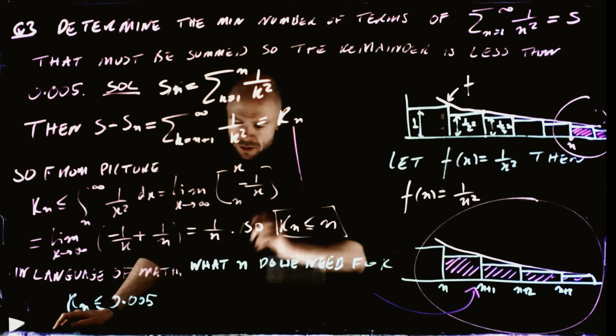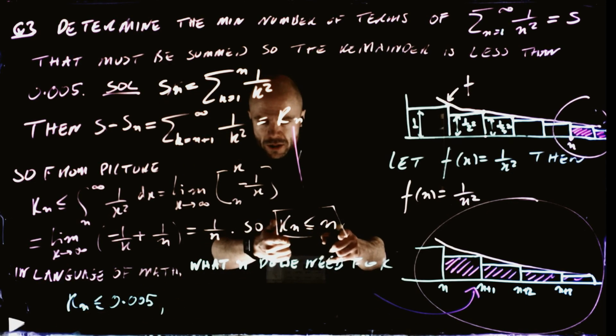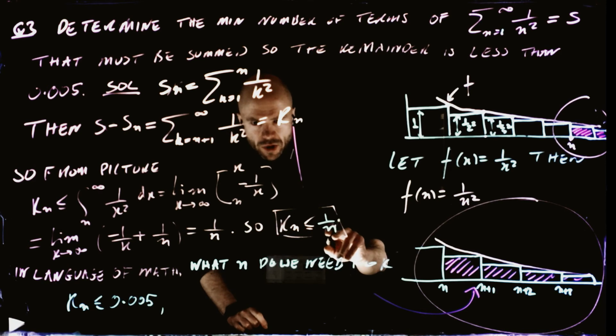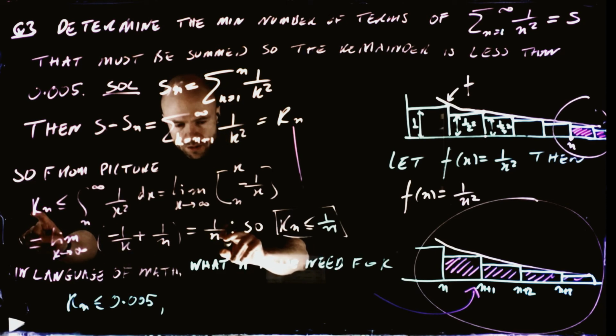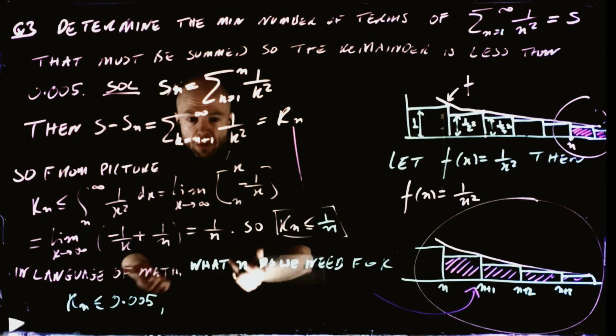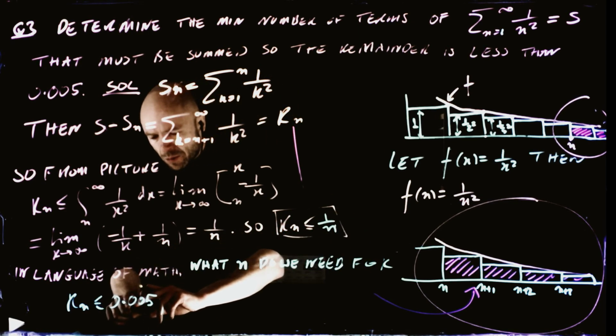What we've done is rephrase the question in the language of maths. But now we have information about Rn. We know that this is less than 1 over n. So that's the same as saying, what n do we need so that 1 over n is less than 0.005?